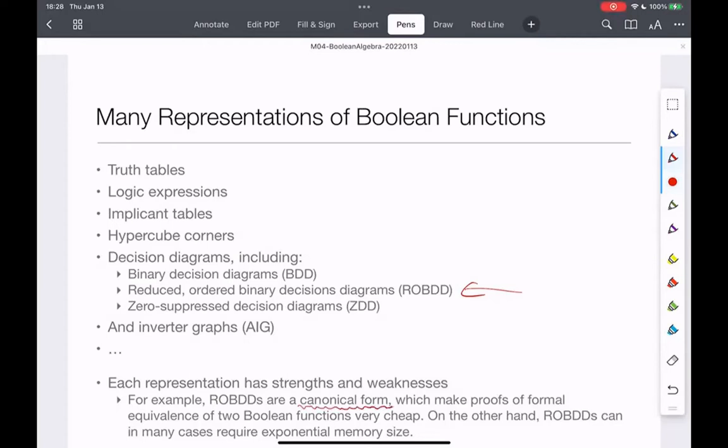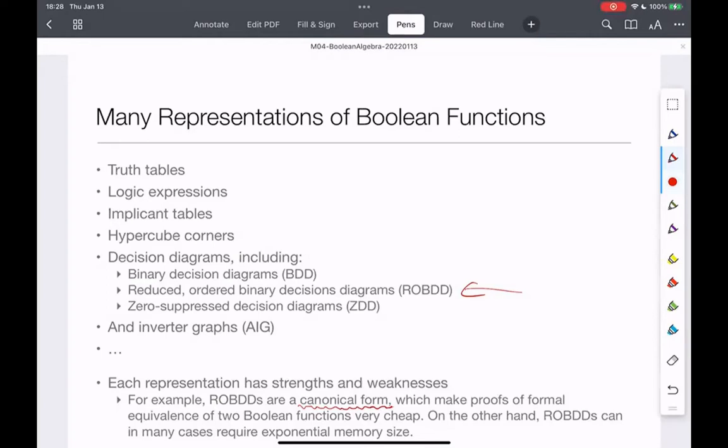Does anyone know what canonical form means? This has nothing to do with this course. Canonical representation, generally in math and computer science and pretty much any discipline, means that it's a unique representation.